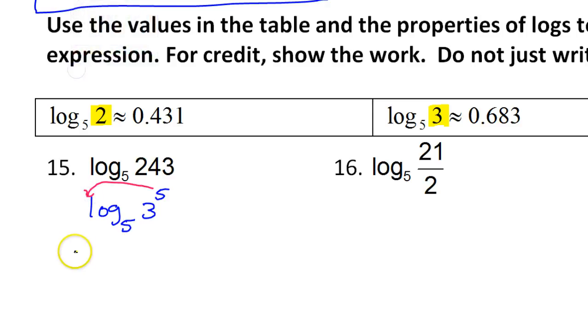So this is going to be the same thing as having 5 times the log base 5 of 3. Now log base 5 of 3, that's one of our facts. So this is the same thing as 5 times 0.683.